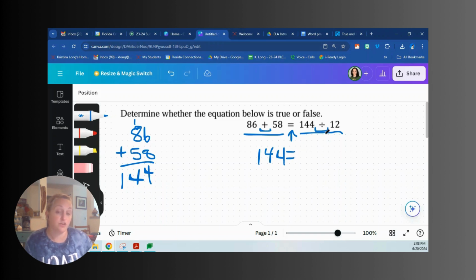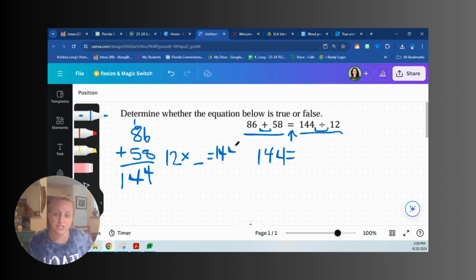And now we have to solve for the right-hand side of the equation, 144 divided by 12. So when you're doing these division problems, I know that I know my 12 times tables. So I'm going to multiply instead of dividing because multiplication in my mind is easier than division. So I'm going to think 12 times what number is equal to 144.